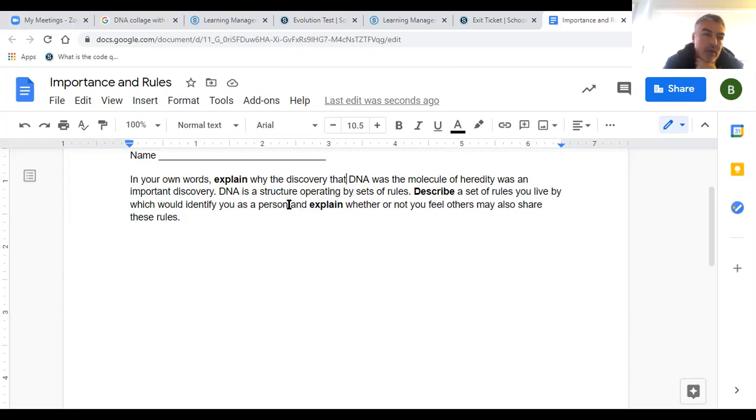So do you have a set of rules that you live by that are unique to you, and do those set of rules also put you into a particular group? So me as an environmentalist, somebody who's very centered on ecology, my friends and I, we all live by a certain set of principles that we're very conservative in how we utilize resources.